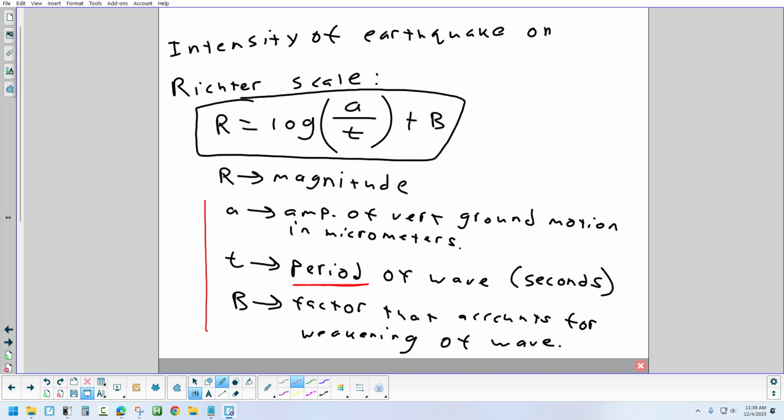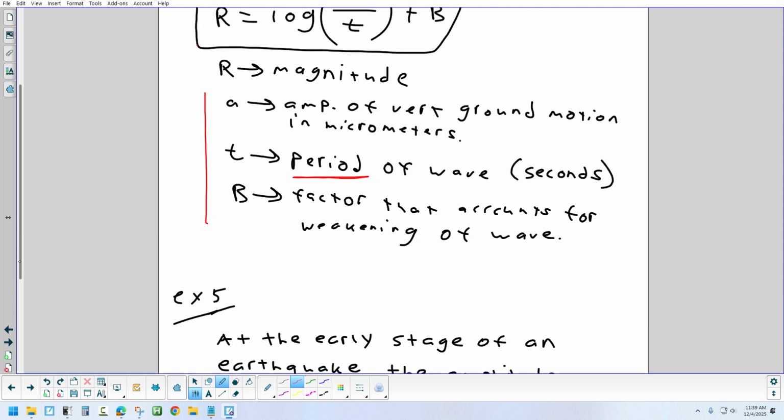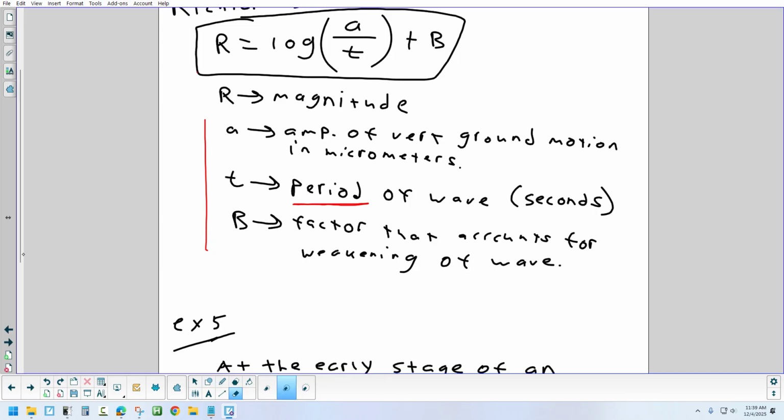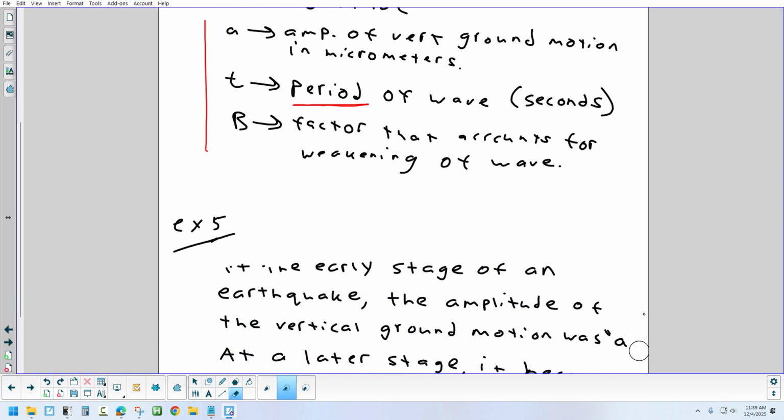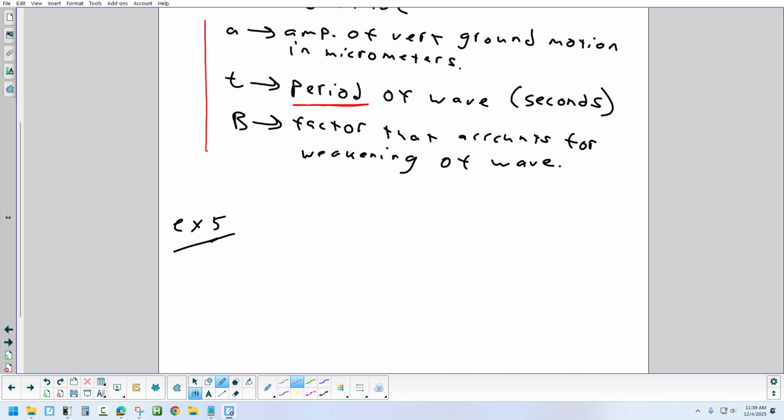So I'm going to give you some information, and I just want you to calculate the intensity of the earthquake. All right, so we have the following measurements.